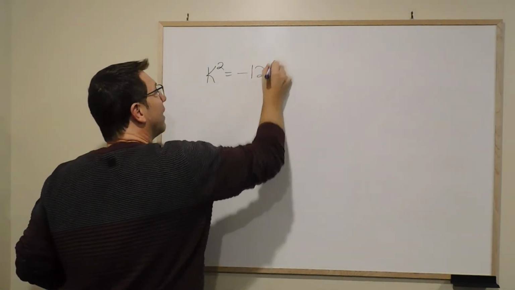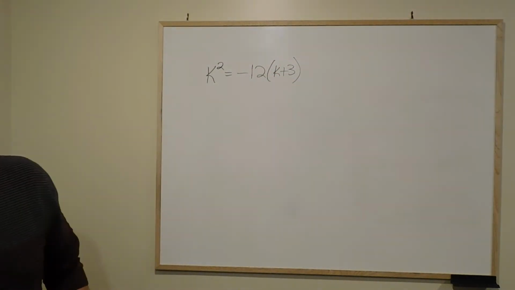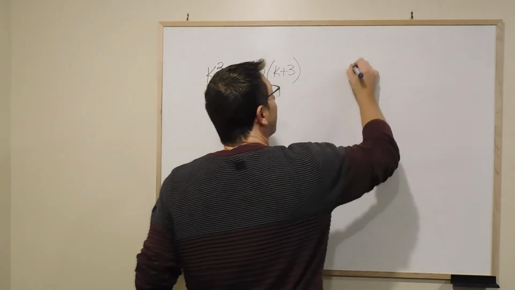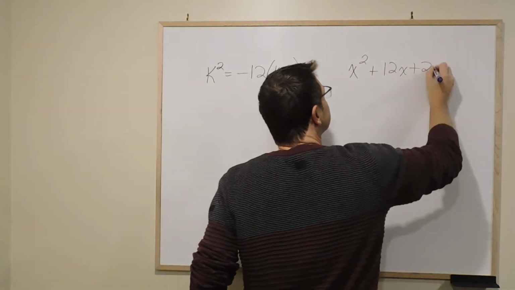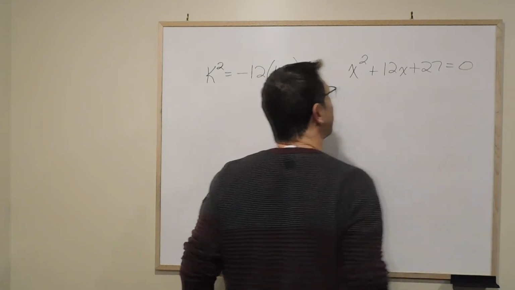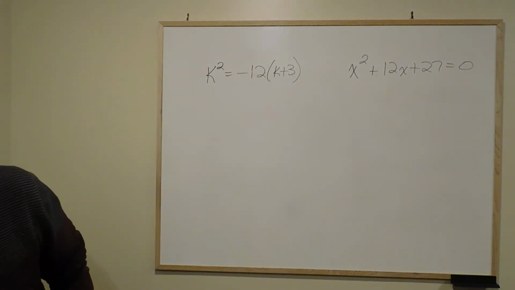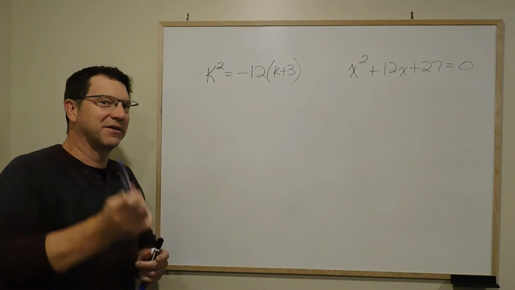Okay, we'll look at that one. And then d, x squared plus 12x plus 27 equals 0. Okay, we'll look at that one. And then can we look at the last one here? Sure we can. Let's look at that one, it's going to take a bit.